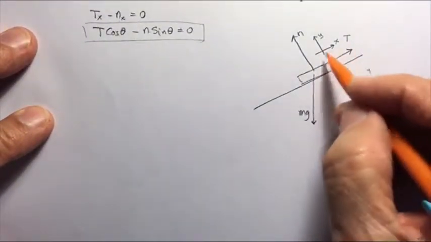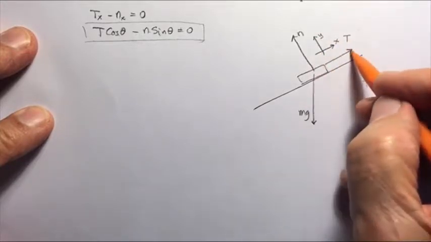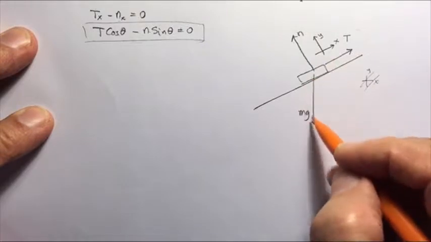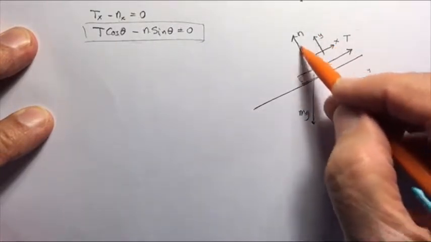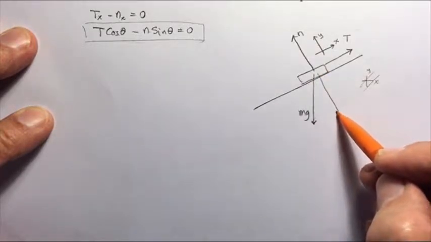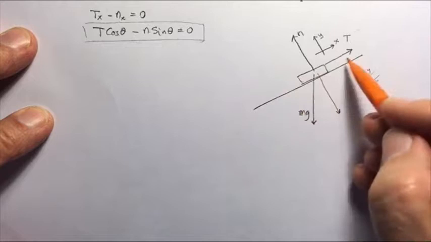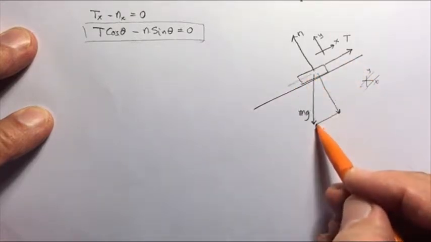So now all the forces need to be parallel and perpendicular to these, so we need all the x and y components. This is in the x direction, that's in the y direction, this is not, so we have to break this up. We need one component that's in the y direction, so it's going to be like this, and one component that's in this direction, so you can draw it here or we can draw it here.